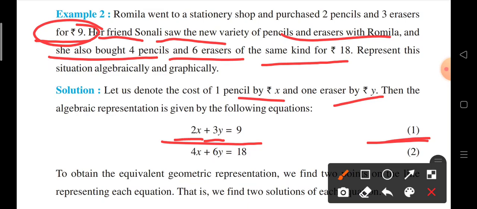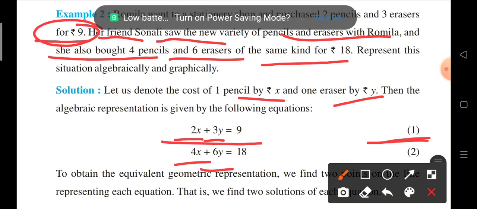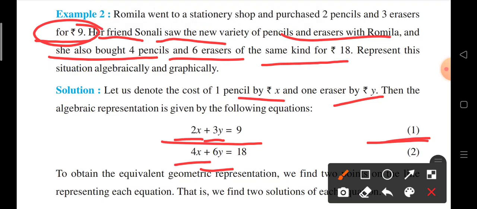That means 4x is the cost of the pencils and 6y is the cost of the erasers. The total money she paid is 18 rupees. Is it clear?